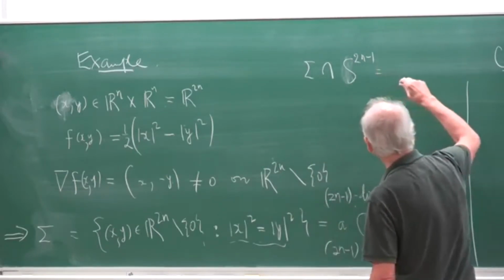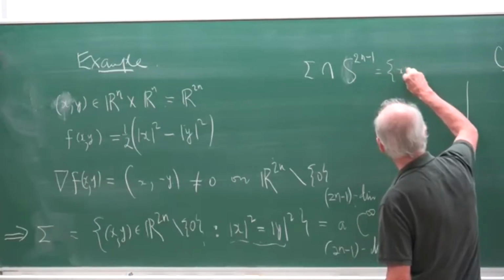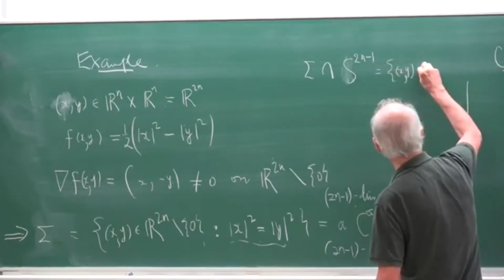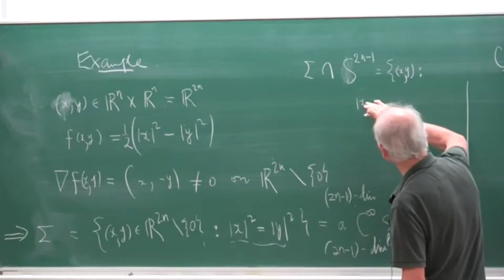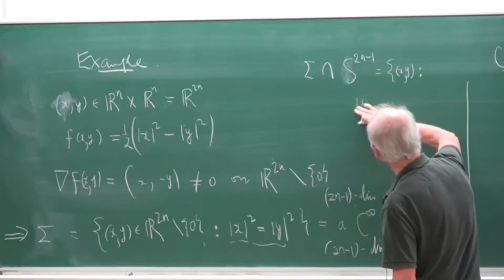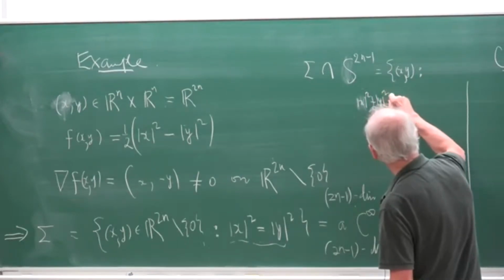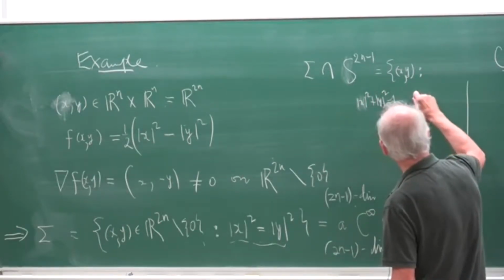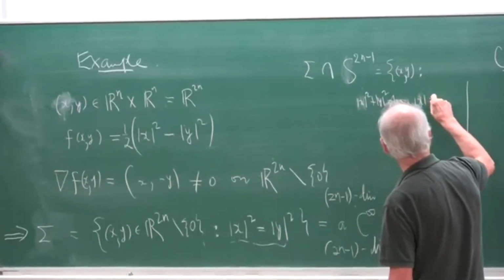Well, that's the set of points (x,y) in S^(2n-1) such that |x|^2 plus |y|^2 equals 1, and |x|^2 equals |y|^2, or |x| equals |y|.